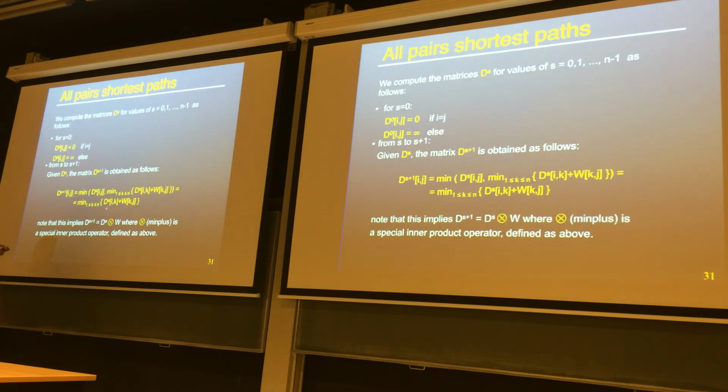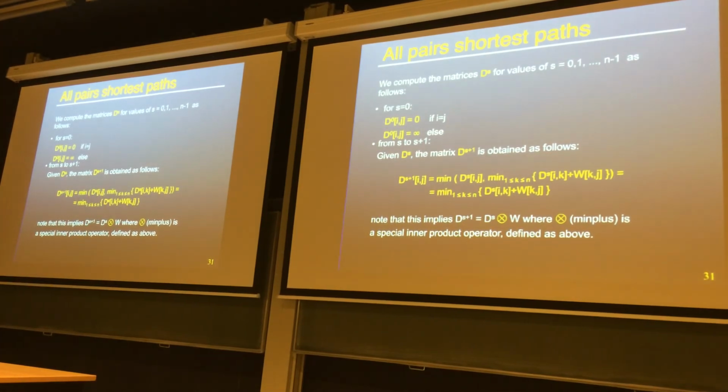So that means that we can simply forget DSIJ and we can simply take the minimum of DSIK plus WKJ. Well, note that this is a combination of the minimum and the plus. So we can define this as a special inner product operation.